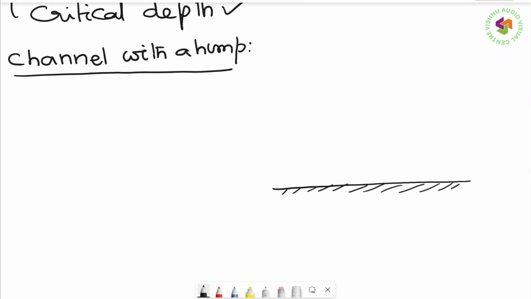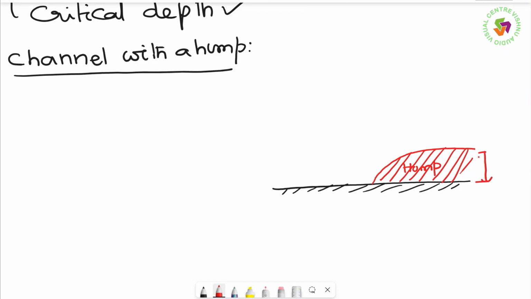The floor is raised like this. So this is called a hump. And this height is some delta z.